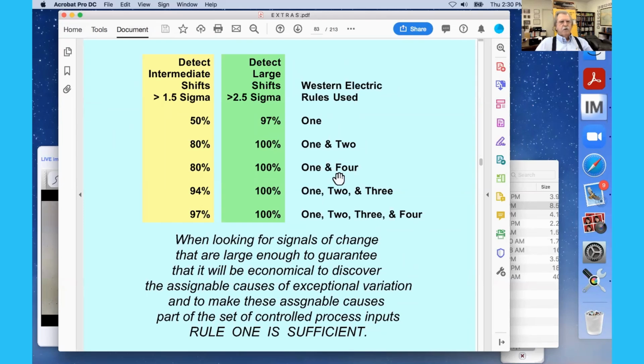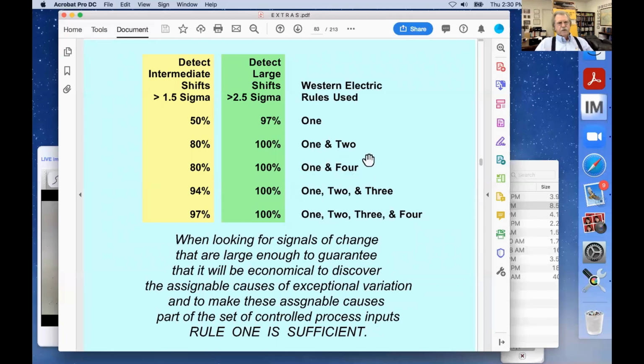This is 8 in a row. And this is a point outside the limits. So these are the two that are easiest to apply in practice without even any calculation. And so most of the practitioners were using these two. You got a 100% chance of detecting a large shift and an 80% chance of detecting an intermediate shift.